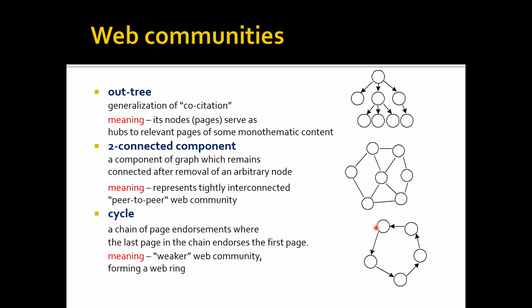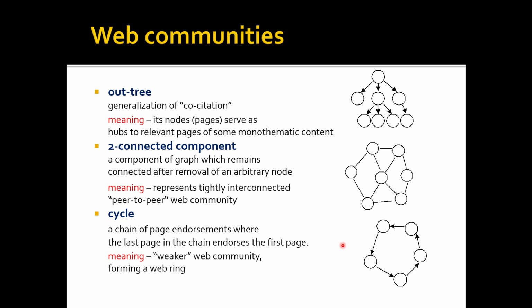For example, in the early ages of the web, in the 90s, cycles, also called web rings, were a quite commonly used arrangement of personal web pages that basically allowed creating a community.